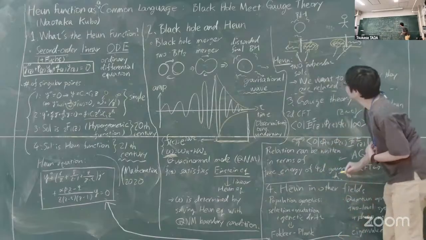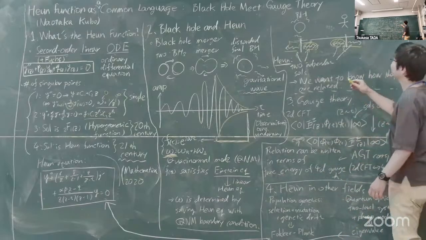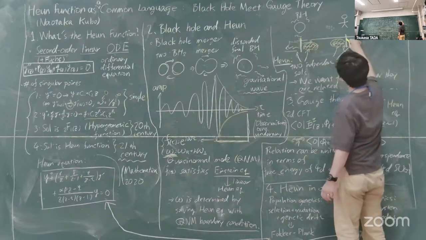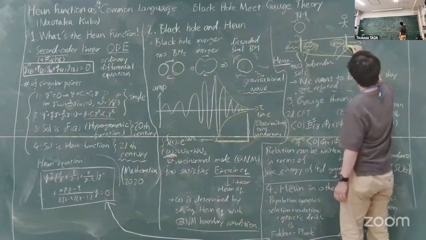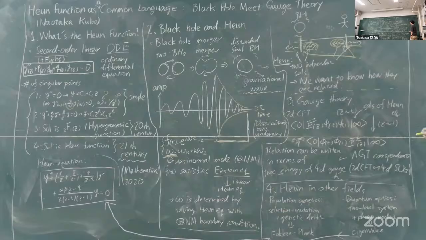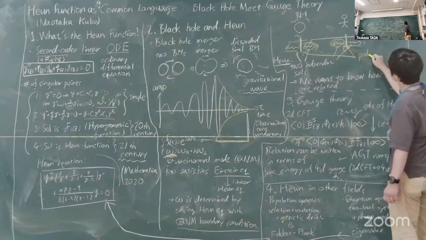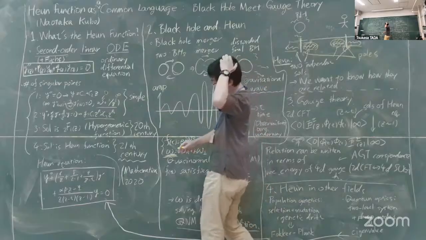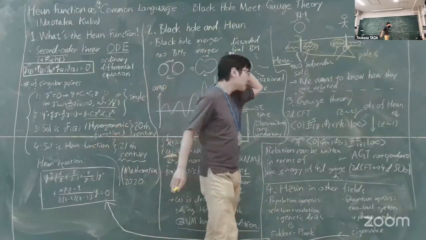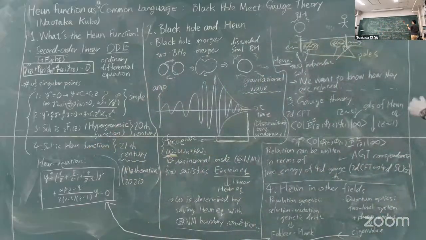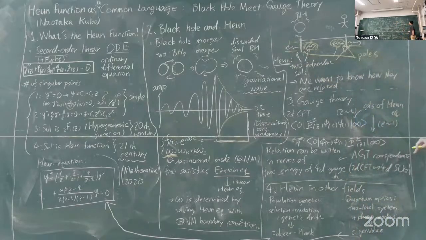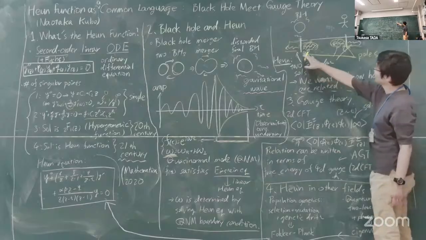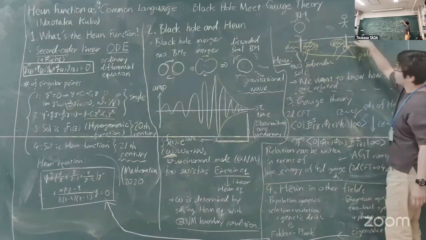Actually, in terms of the Heun function, first, here and here are poles. These are two of the four poles. And these two waves are two independent solutions around this pole and this pole respectively.